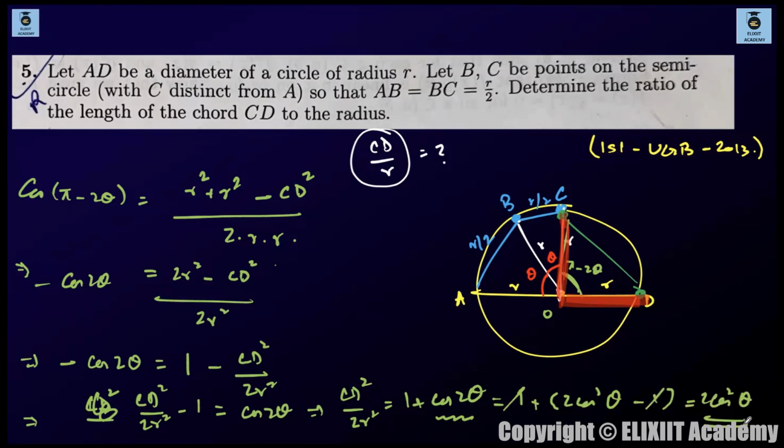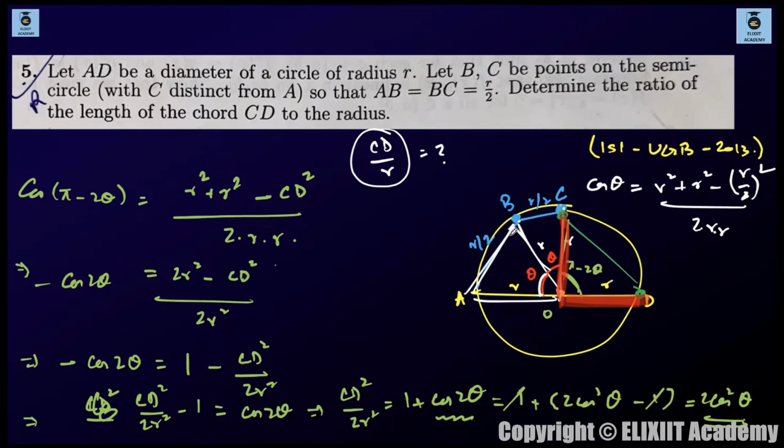And further we can find cos theta from the second triangle. One more triangle. In what sense? Let's find what is cos theta. Cos theta means R square plus R square, you take any triangle, let's say I take this triangle, minus of R by 2 whole square, divided by 2 into R into R, because the angle enclosed between them is theta.